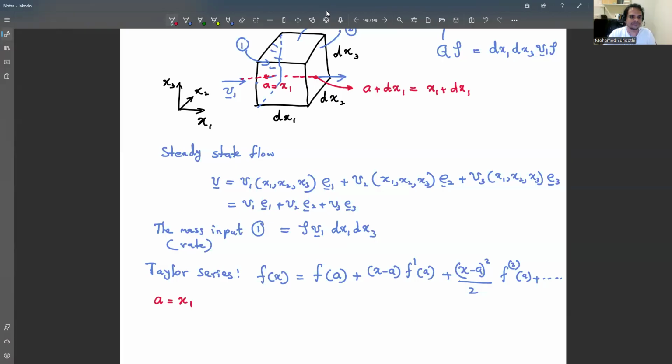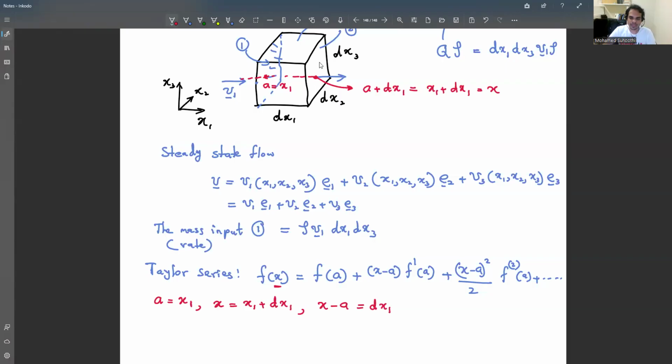Therefore this is my x, the point where I have to estimate. So x is x1 plus dx1, and I have x minus a here. What is x minus a? It's actually dx1, right?